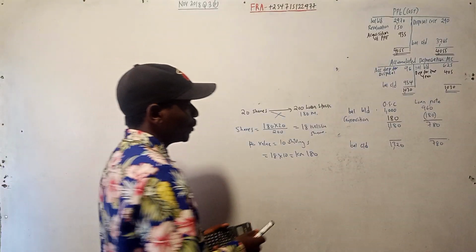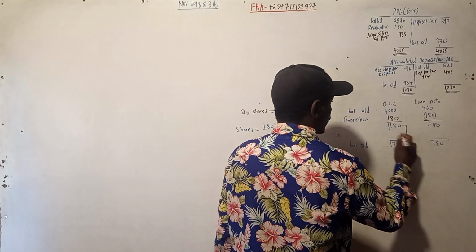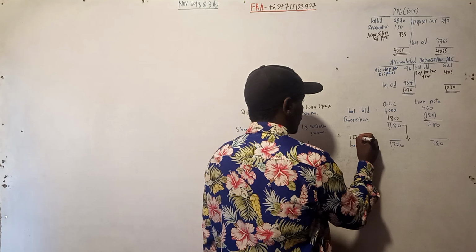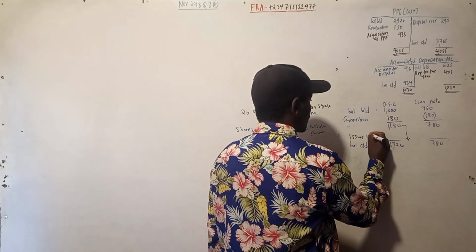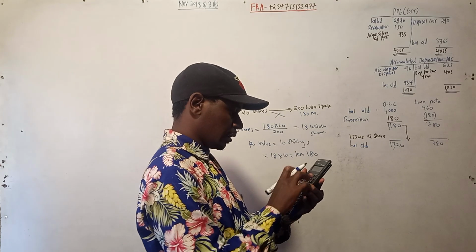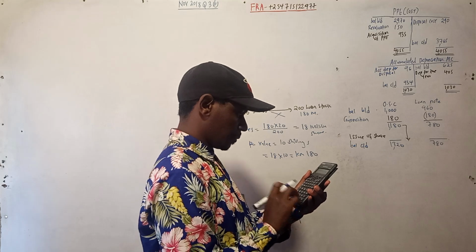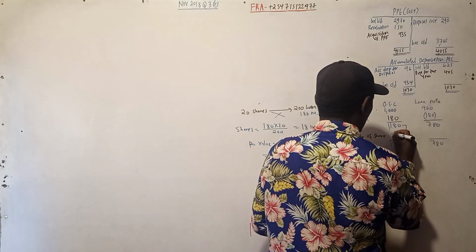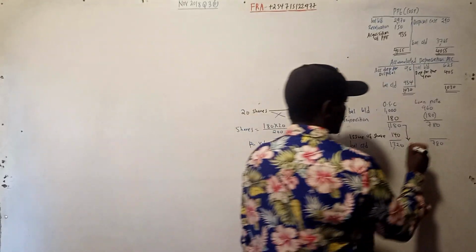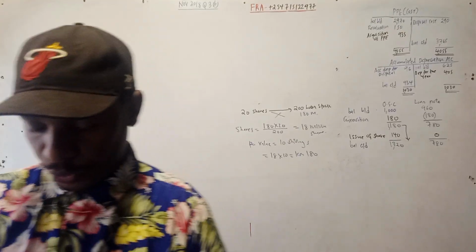For ordinary share capital, we have an increase from 1180 to 1320. When you have an increase, it's an issue of shares. So the increase is 1320 minus 1180, which is an issue of 140. For the other one, we don't have an increase, so it is 0. So for loan stock, there was no issue.